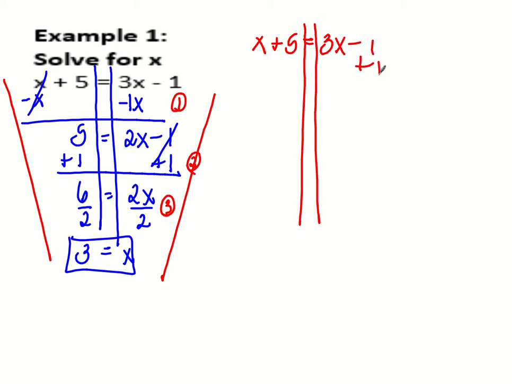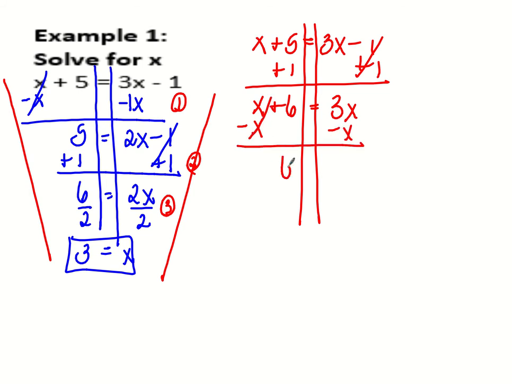So let's start with adding a 1 to both sides. Then I have an x plus 6 on this side equals a 3x. Because my constant is on the same side, I have to move this x to the other side. So now I'm left with 6 equals a 2x, divide by a 2, and again my x gives me a solution of 3.